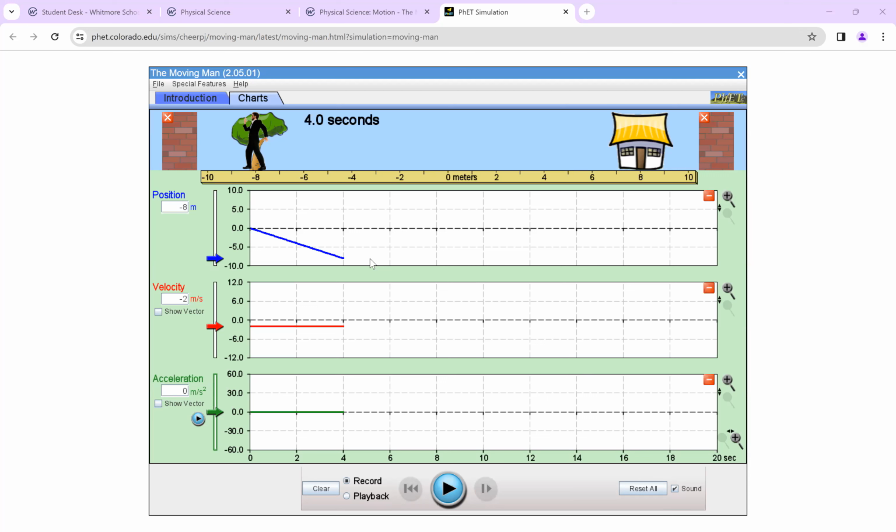How long did you calculate it would take the man to reach the tree? You told me 4 seconds. Does this agree with the simulation? Yes, it does. Would you type that up for us, please?